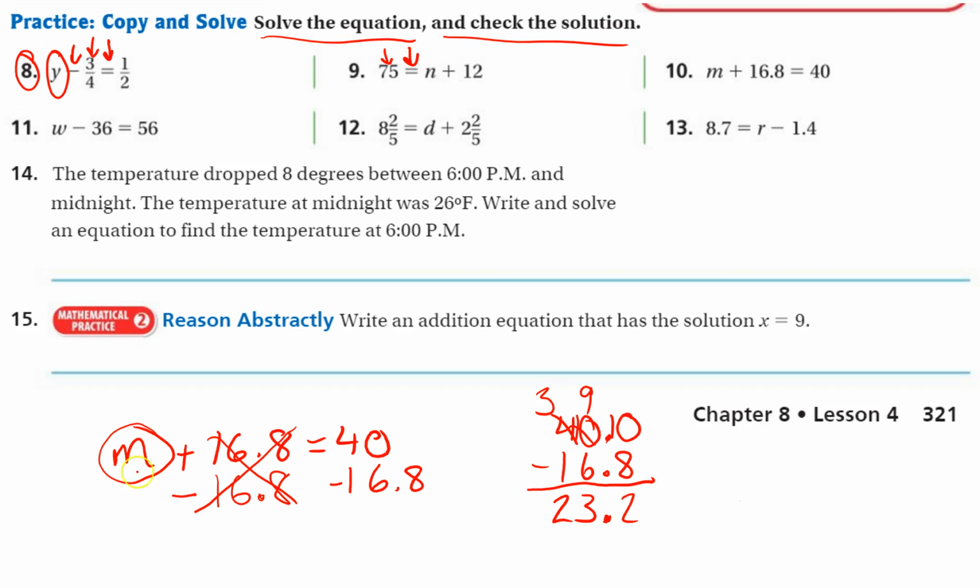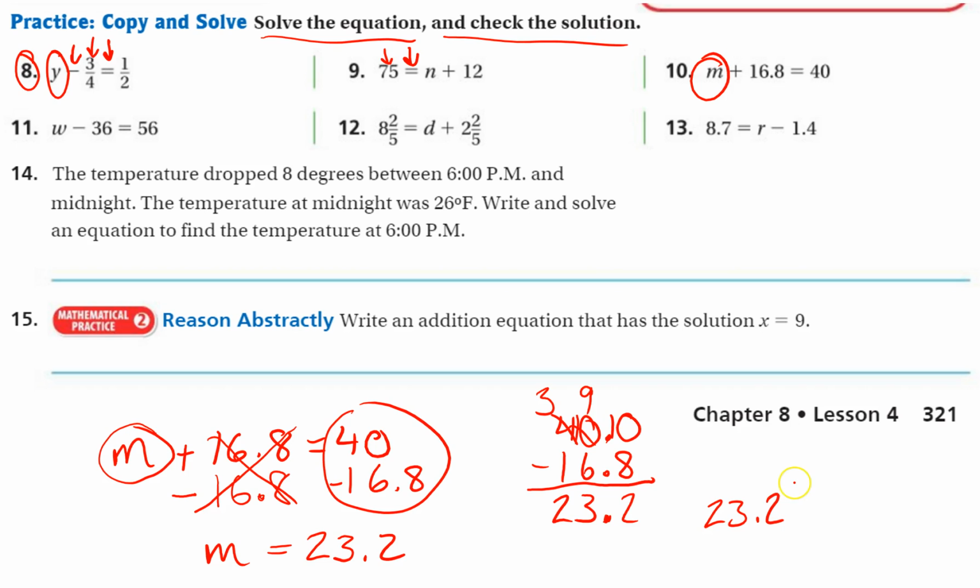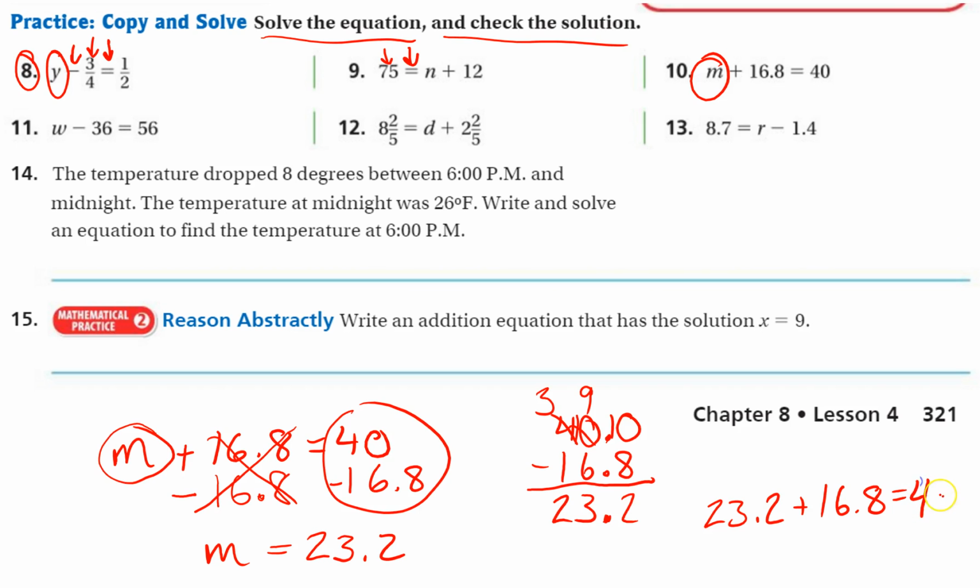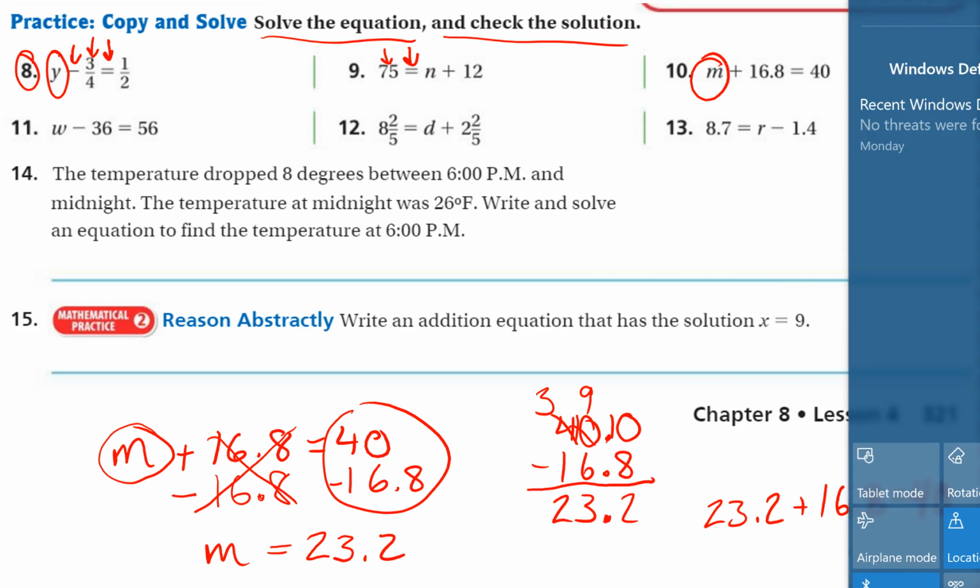So this leaves me with m on this side of the equal sign, and on this side I got 23.2, and then now I plug it in to check. Where I see the m, I put in a 23.2 plus 16.8. Does that in fact equal 40? Yes, it does. This checks out.